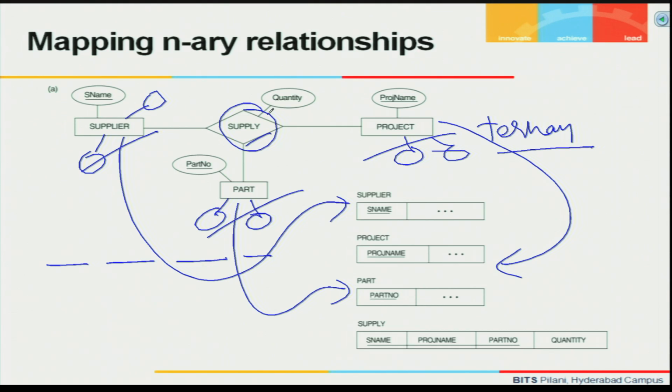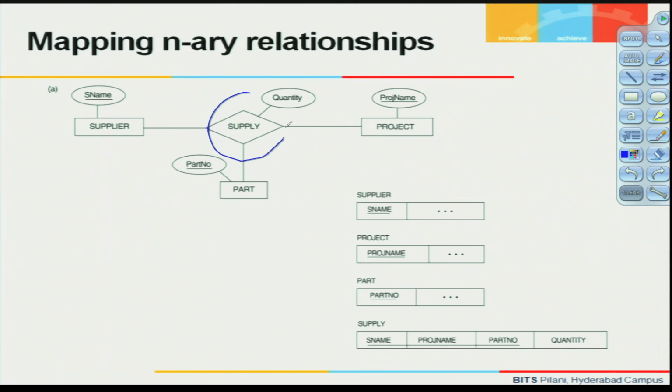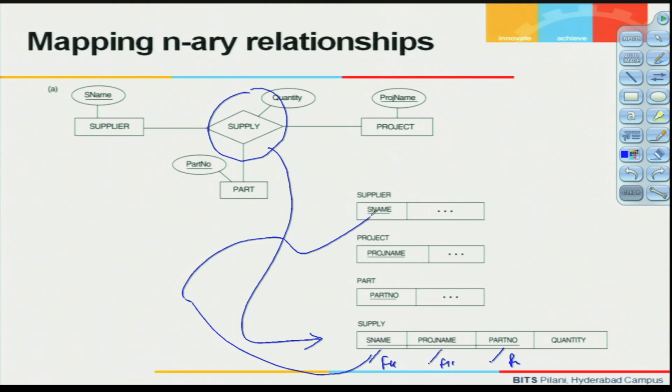Now, to capture the relationship, that is supply, this relationship can be captured using a relationship relation wherein I will include SName, project name, part number, which are foreign keys. This is a foreign key, this is also a foreign key, and this is also a foreign key. SName points to the supplier name of the supplier table, project name points to project name of the project table, and part number points to part number of the part table.